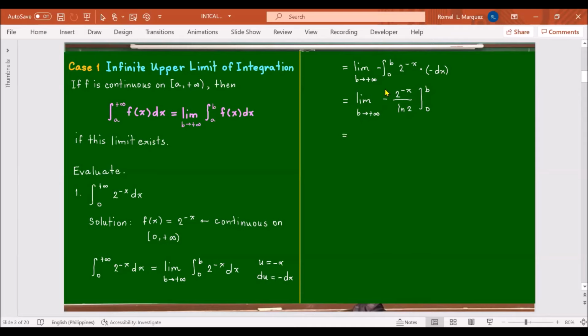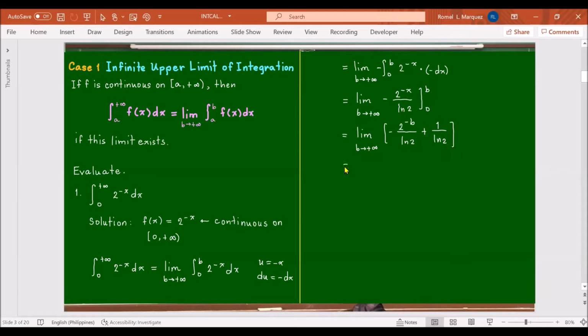So let us now evaluate this expression when x is b. So getting limit as b approaches positive infinity of negative 2 to the negative b over ln 2 minus, since it's negative, so it is now positive, 2 to the 0 is equal to 1 over ln 2. Okay?